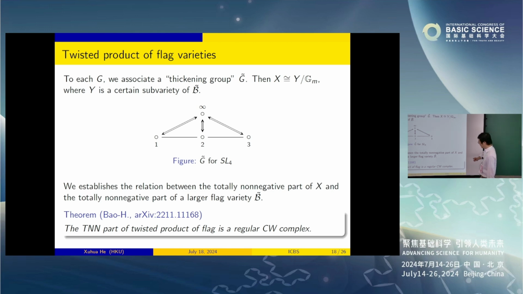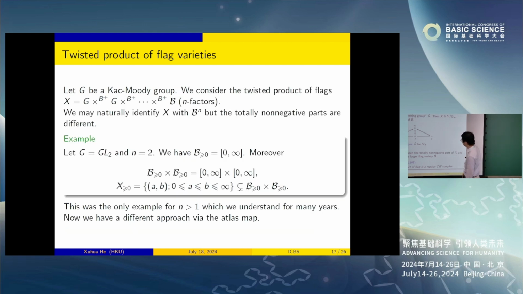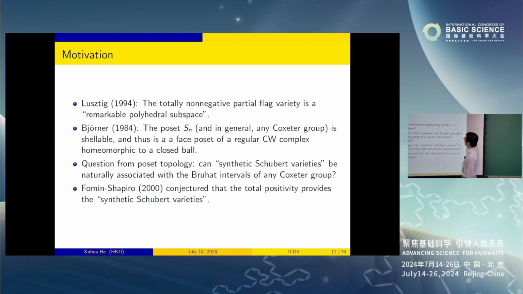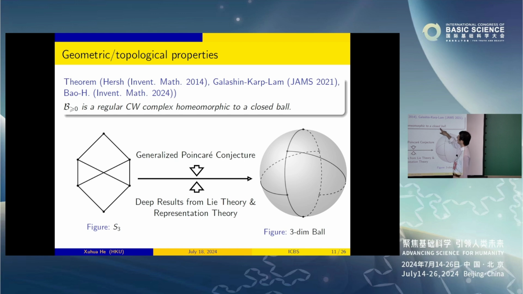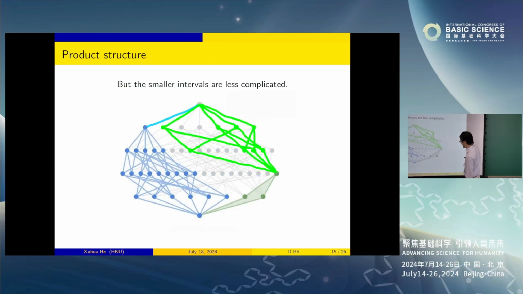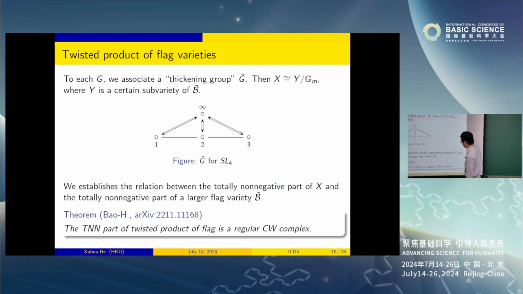Okay, one thing I want to mention is that previously we had a result saying a regular CW complex homeomorphic to a closed ball. But here we only have a regular CW complex, because there is some combinatorial question which we do not know in the general case.